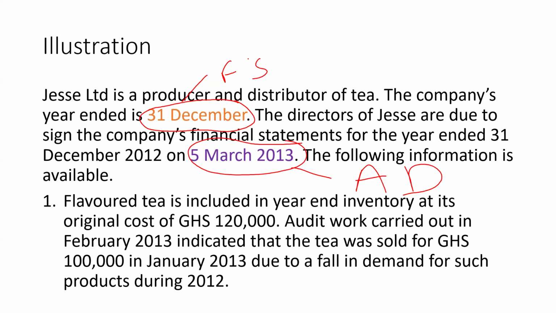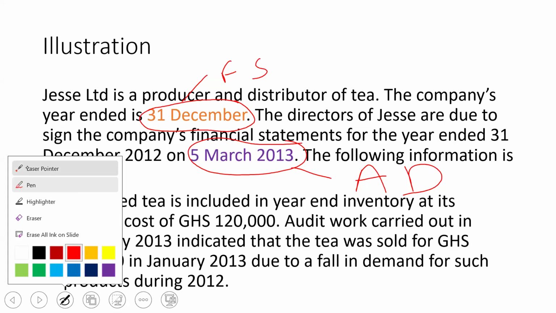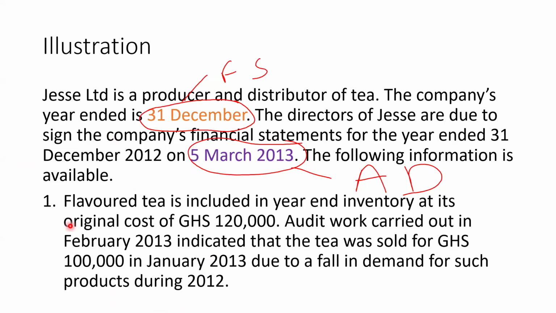All right. So events occurring between these two dates will be the events after the reporting period. So anytime an event is given to you, look at the dates and find out if it's between these two dates. Sometimes we can give you events which are outside these two dates.